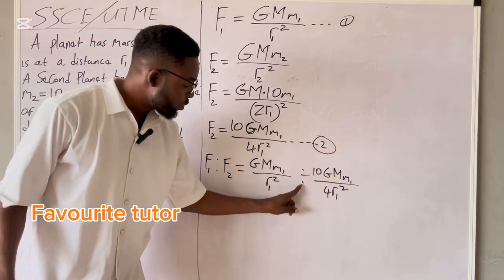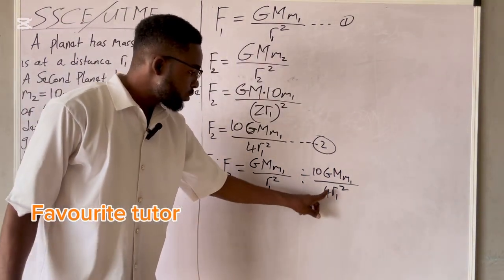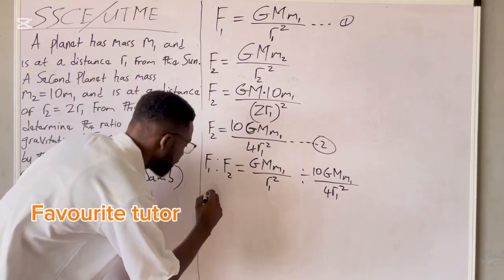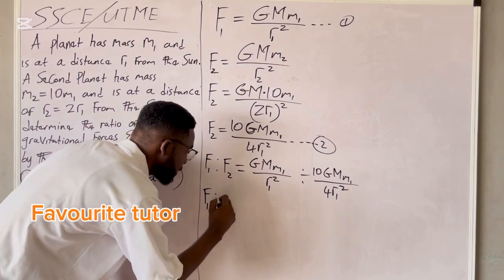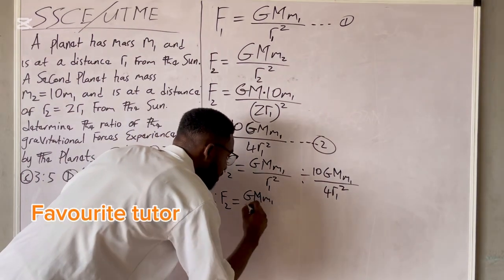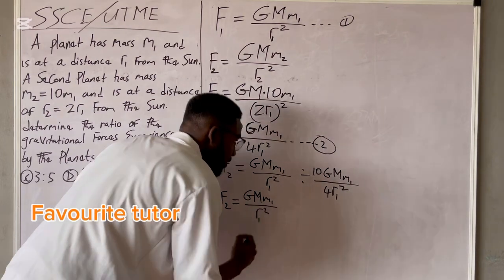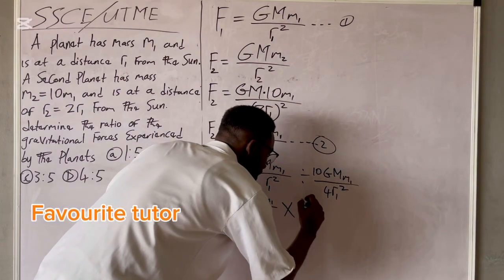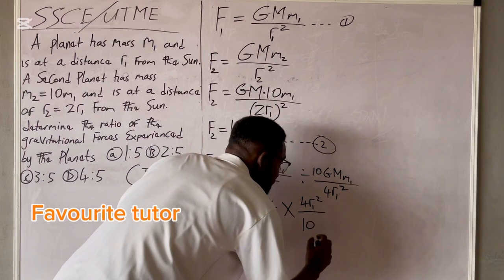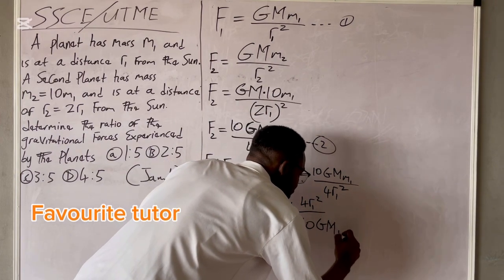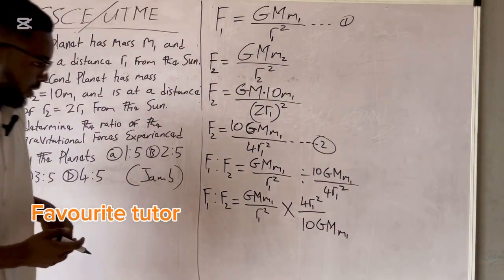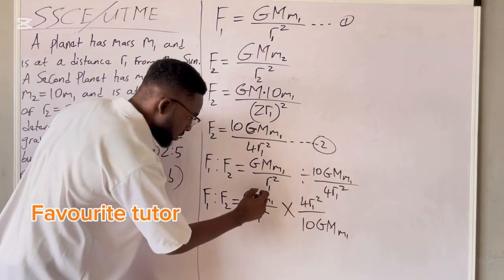Okay, we change this sign to multiplication, and then we take the inverse of the divider. So therefore, we have it like this. F1 ratio F2 is equal to G m1 all over r1 squared, times, taking the inverse, 4 r1 squared over 10 G m1.